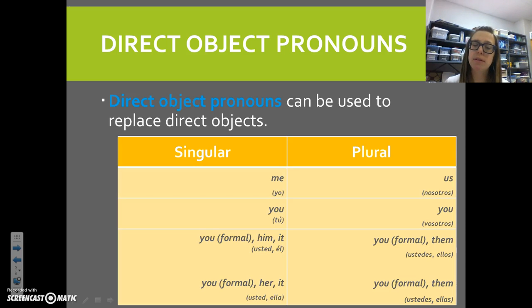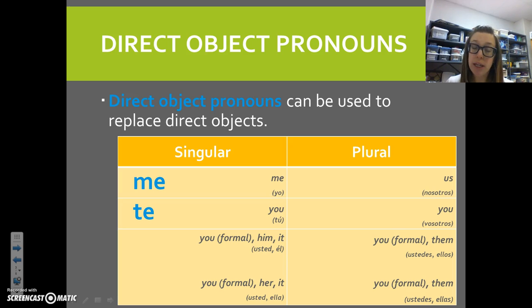Okay, so this is our chart. We know this chart already. Okay, but we have singular pronouns and we have plural pronouns. Okay, if I wanted to say me, I would say me in Spanish. It's spelled exactly the same way in English. There's a different pronunciation though. If I wanted to say you, I would say te.